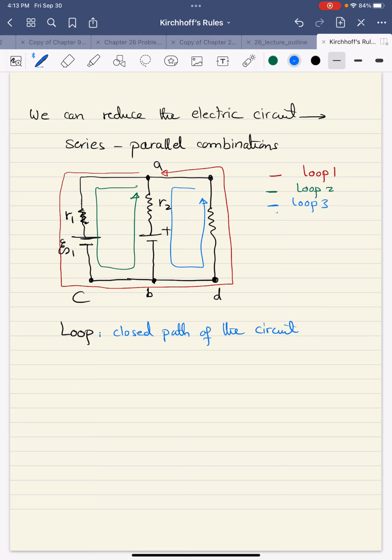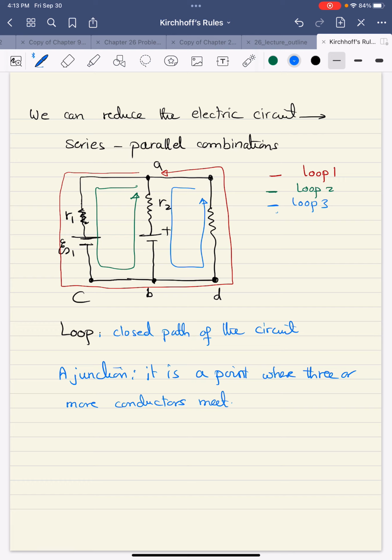Also, I need to define a junction. A junction is a point where three or more conductors intersect or meet.